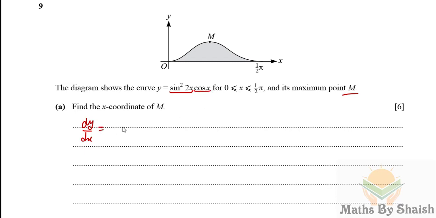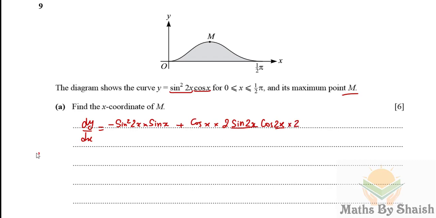First I'll write sin²2x as it is, and the derivative of cos x is minus sin x, so minus will come in front and it becomes sin x, and plus cos x as it is, multiplied by the differentiation of sin²2x. First of all we'll use the chain rule, and that is going to be 2 times sin 2x, and the derivative of sin 2x is cos 2x, and again the derivative of 2x is 2. We are using the chain rule.